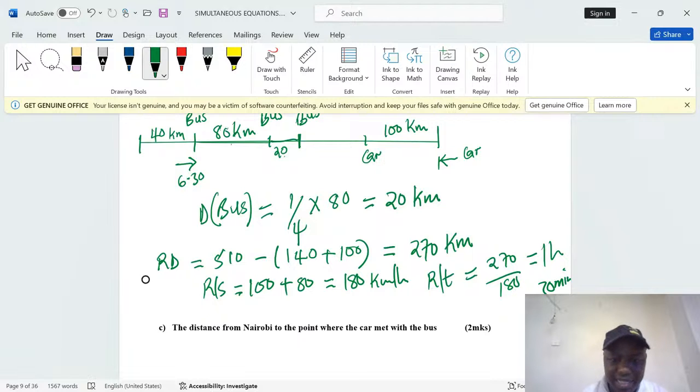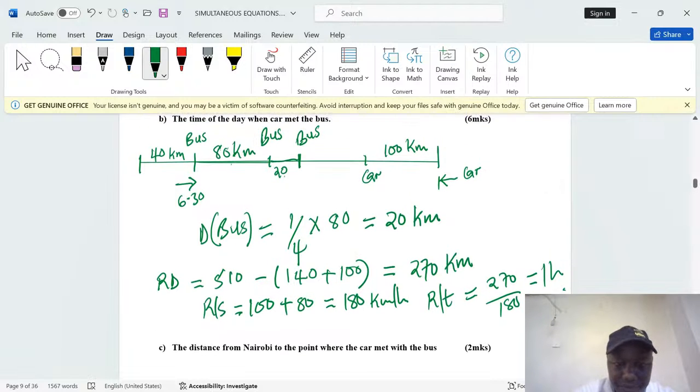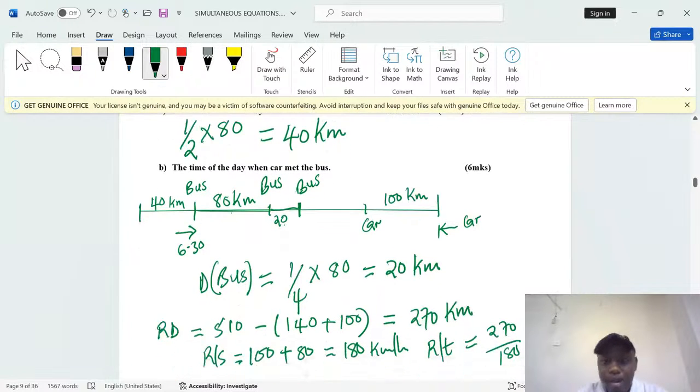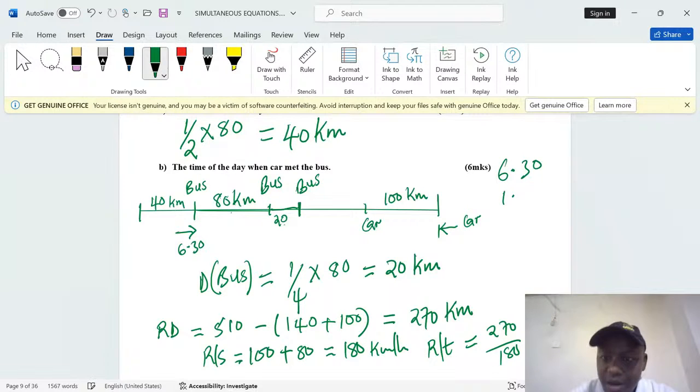So now we can get the exact time of the day when they met. From 6:30 when they were moving together, we added 1 hour for them to move. Then there was 15 minutes for the puncture, and they are now meeting 1 hour, 30 minutes later.